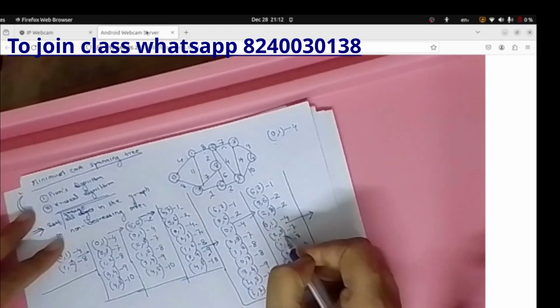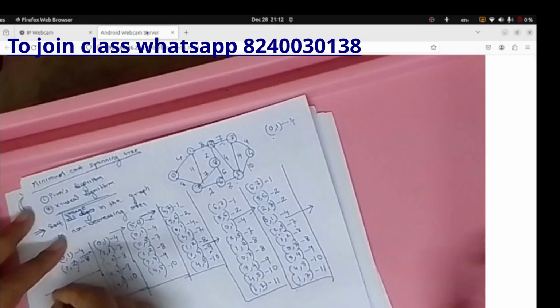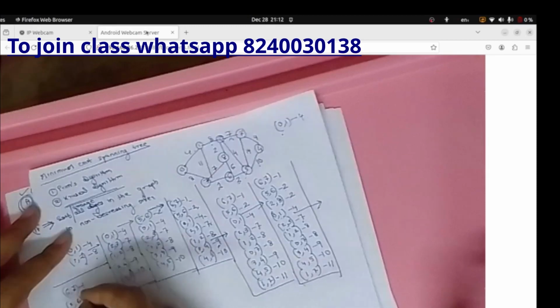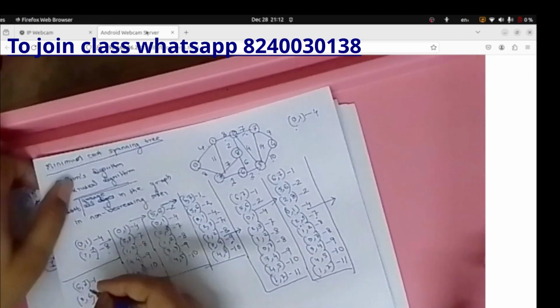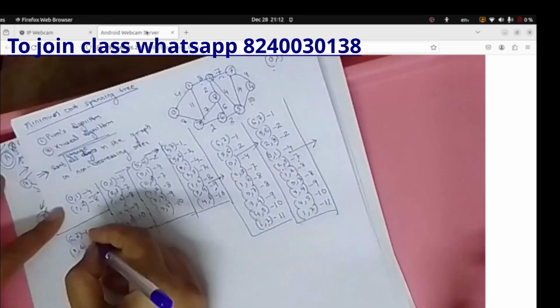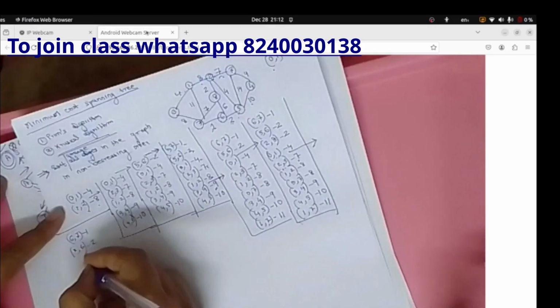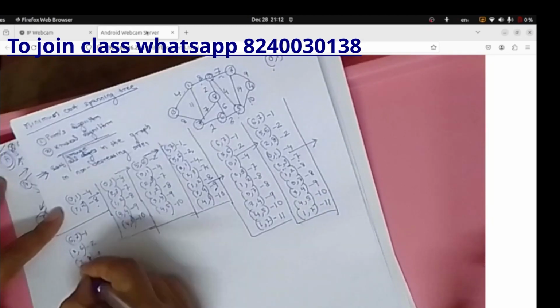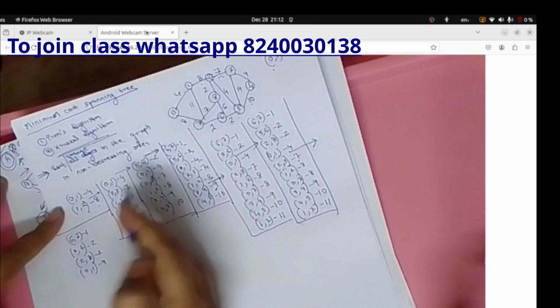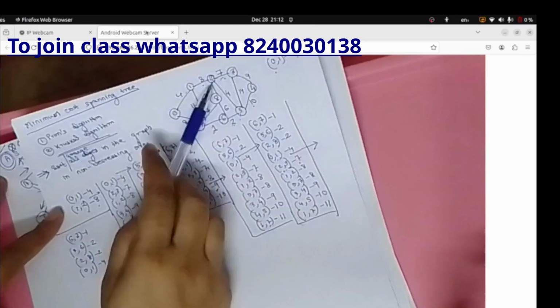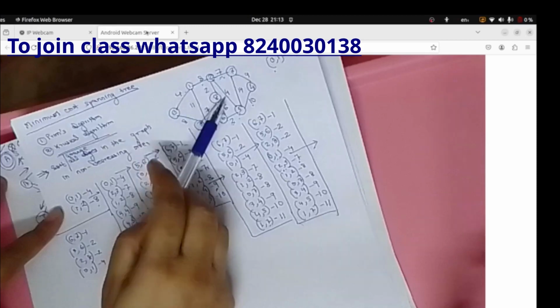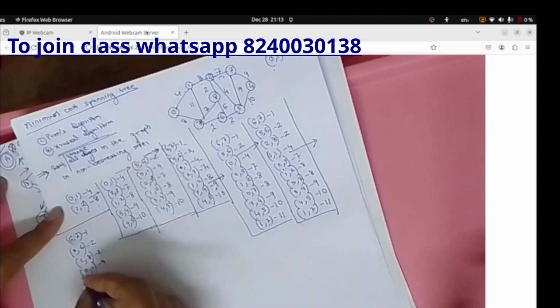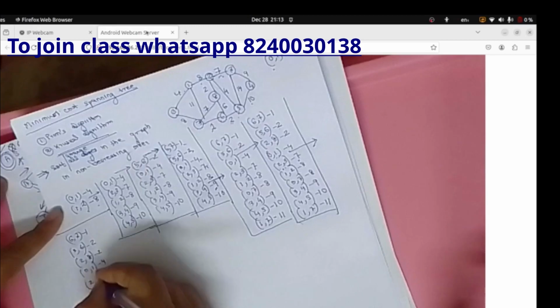So how will the list look? It will be first 6, 7 which has weight 1, then 5, 6 will have weight 2, next 2, 8 weight is 2, then 0, 1 weight is 4. Now the edge we have considered, 2, 5, whose weight is 4, we'll insert here.